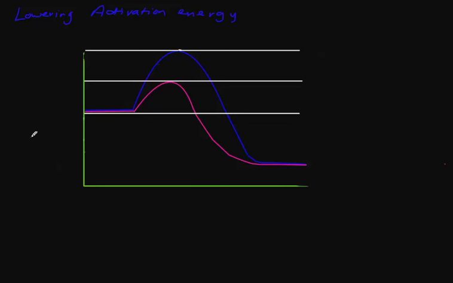And this process is described in our graph below. So on our graph we can see a pink curve and a blue curve. So this is the progress of a reaction occurring. And you'll notice straight away that the blue curve has a much higher arch on it than the pink curve. As I said, it is all about lowering activation energy.